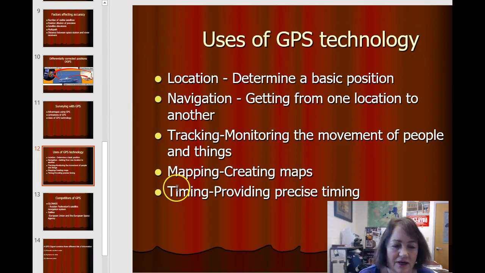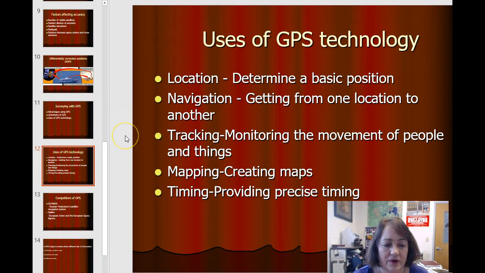So tracking is really interesting. For example, if you are a parent, you can put a little tracker on your kid's phone and you'll always kind of know where they are. I mean, it might come in handy in some instances, but there are some ethical issues involved in that as well.